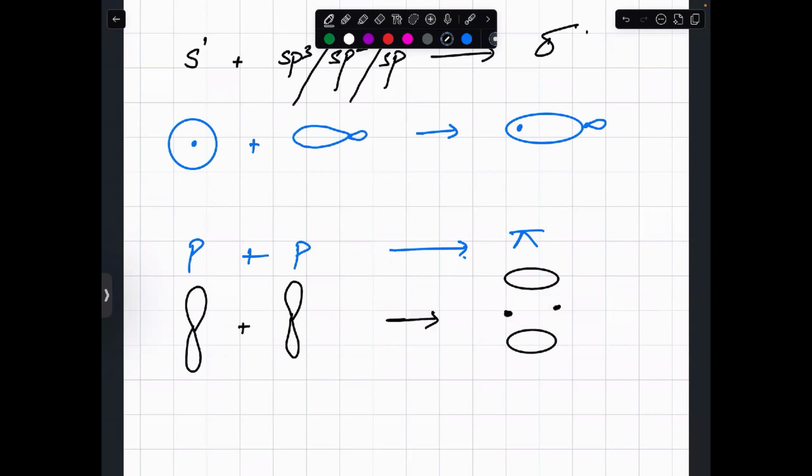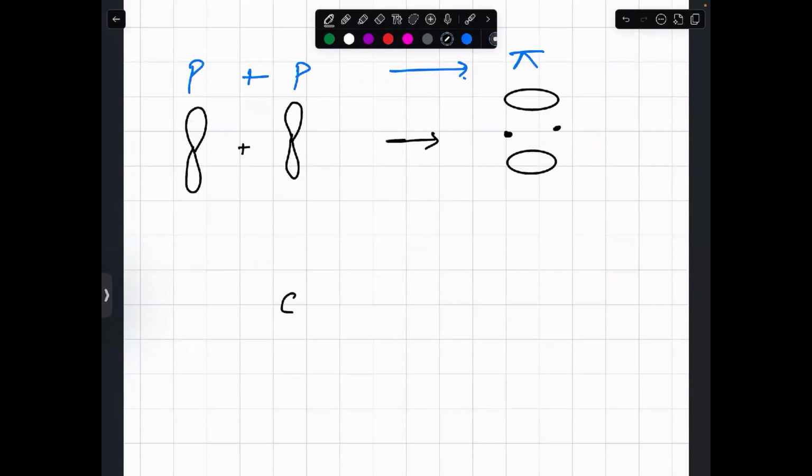Now suppose this is your molecule, for example with a double bond, and this is N. What is its hybridization? sp3.